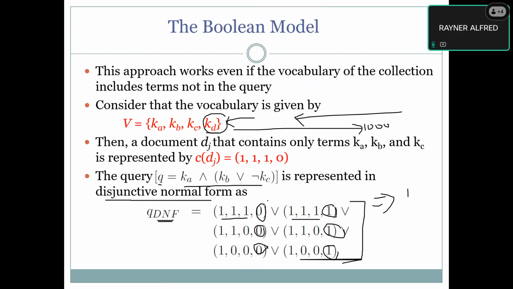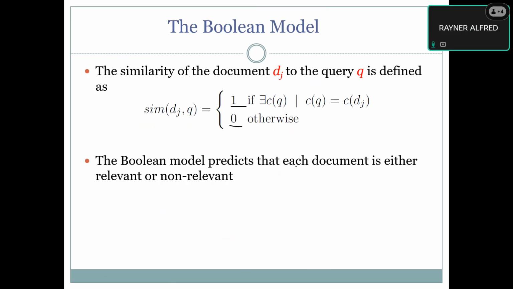Okay, so in searching for the document, we have to find the matching here. So all those documents that match, when we compare, the result will be 1. If not matched, the result will be 0. So all the documents that we retrieve will have similarity 1, right?